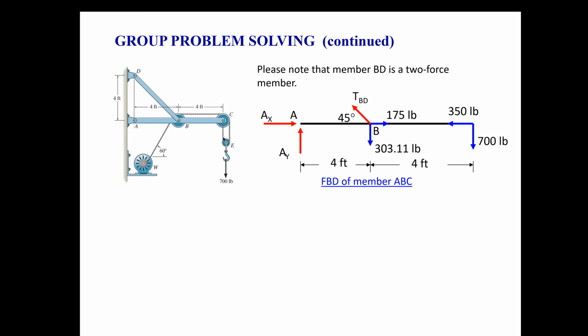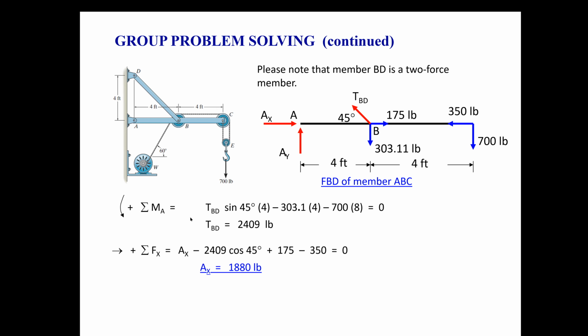That's acting down from this point, from the actual connection point. So at this end of the bar, what's actually happening is 350 pulling this way and 350 here, so you have 700 pulling down, which should make sense because you have a 700-pound force pulling down basically from the end of this bar.